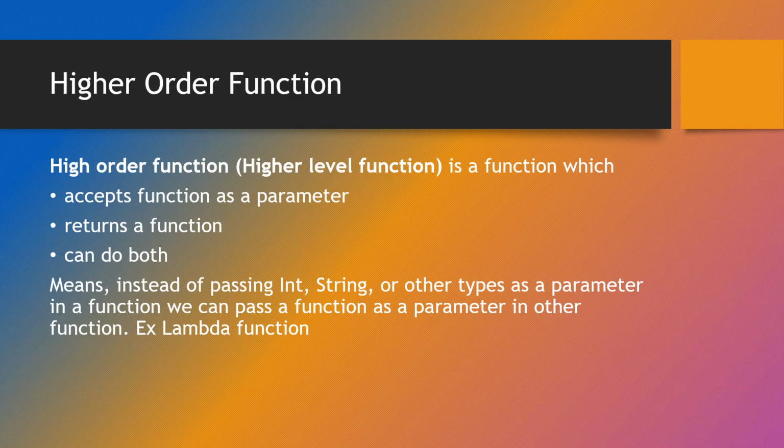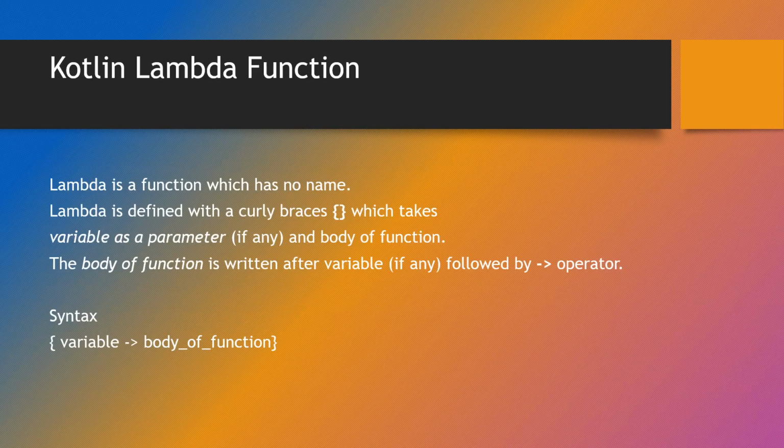So let's know a little bit about Lambda functions. So what are Lambda functions? A Lambda function is a function which has no name. It means when you are using a Lambda function, you don't have to specify any name for it. A Lambda function is defined with curly braces, and it takes parameters and defines the body of the function.